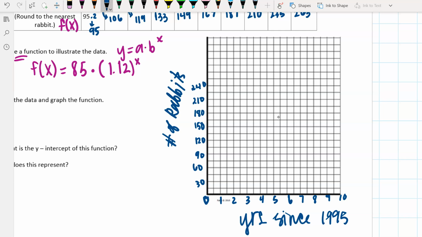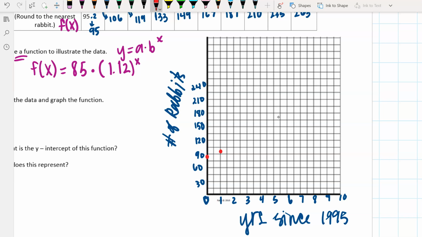So remember your y-intercept is at 85, so you're going to have to approximate that just a little bit. It's every 15, remember? So this is 75. So right around in here should be our y-intercept. And then 1 was 95. So again, it's going to be approximate. It's not going to be perfect, but it needs to be close. So you're showing me you know how to graph.